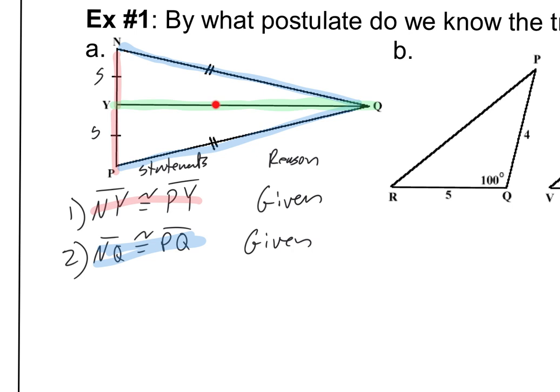And you would be right to assume so. Seems super obvious, but yeah, it's going to be congruent to itself. So I like to do a little X mark on that, say it's congruent to itself. And so the last statement here is, we could say that YQ is congruent to YQ.